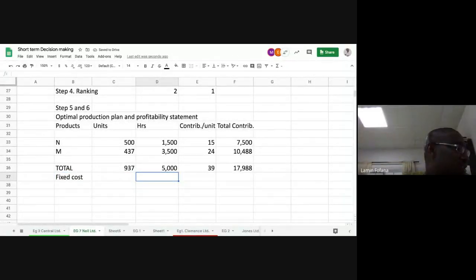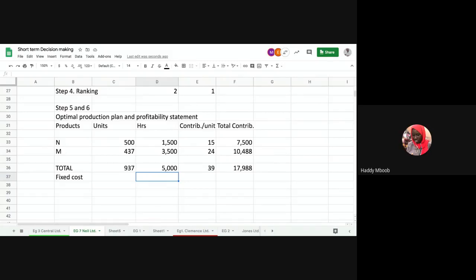Our fixed cost is also given per unit, isn't it? So we still have to calculate it according to that. So how should we calculate our fixed cost? Our fixed cost per unit for M is 10, whilst for N is 8.